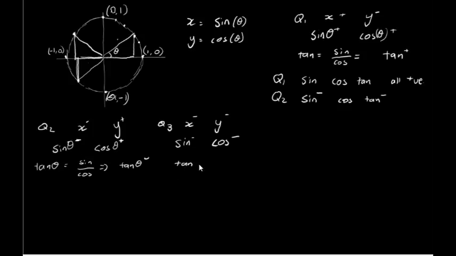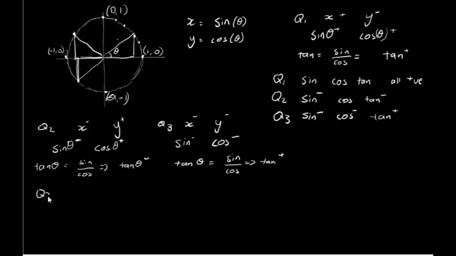And if we find our tan value, sine over cos, negative divided by negative means that tan is positive. So for Q3, I have sine negative, cos negative, but tan is now positive.